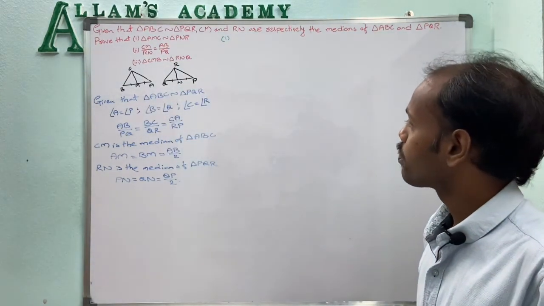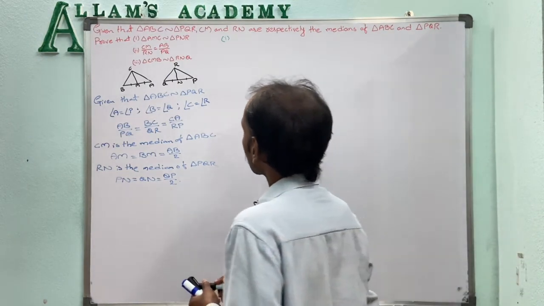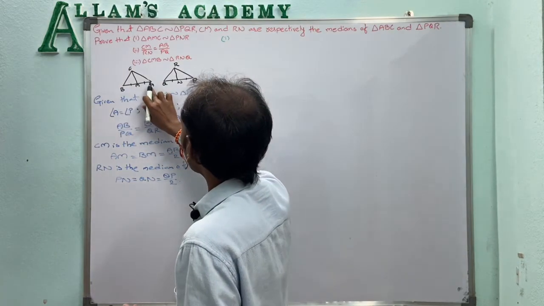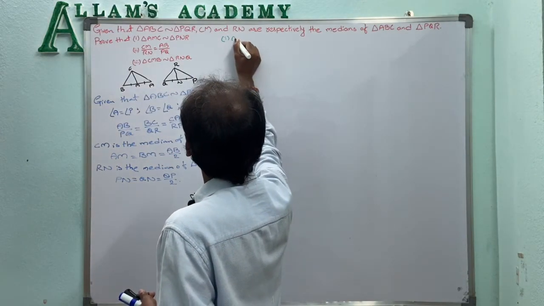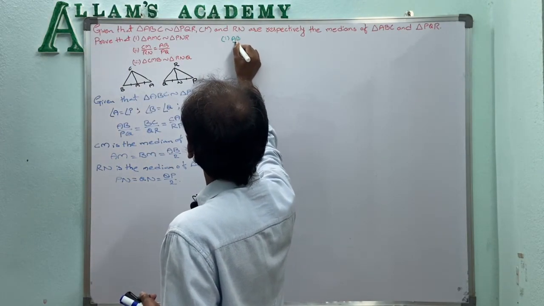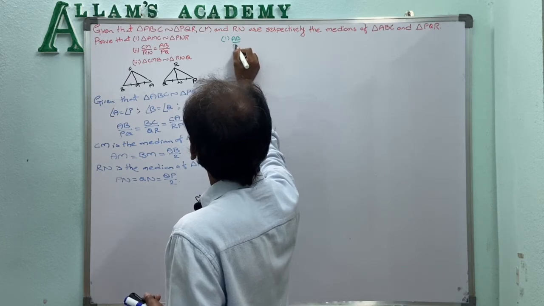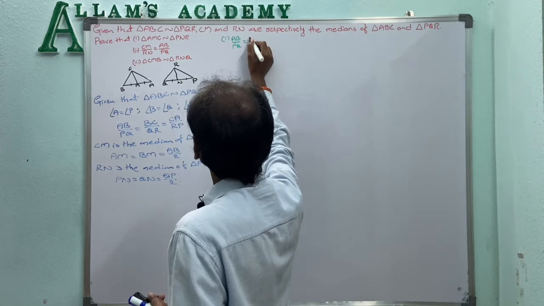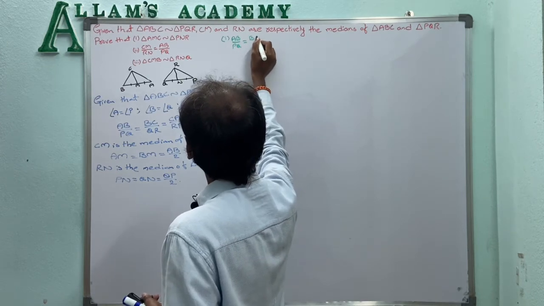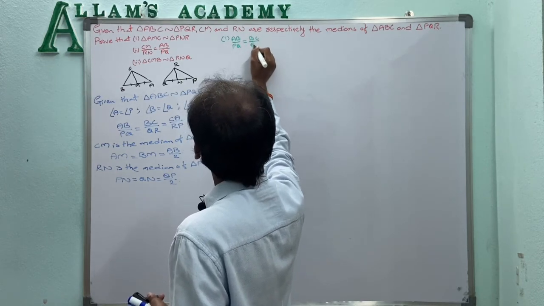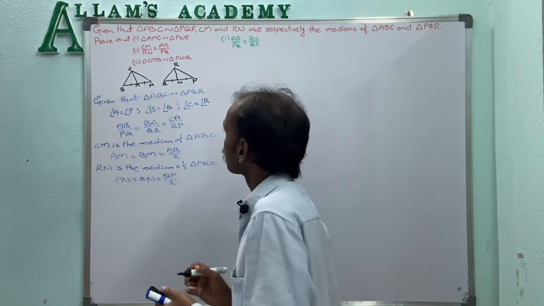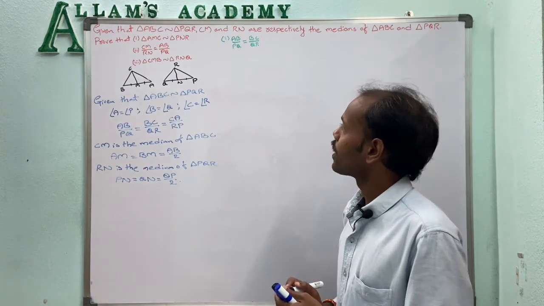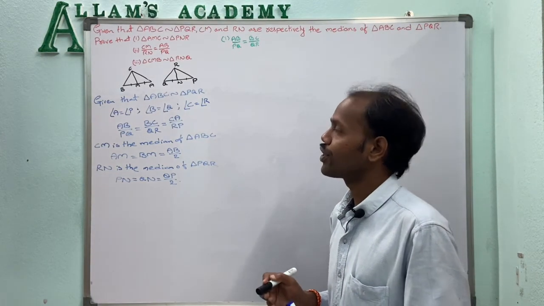For that, we take AB by PQ equal to BC by QR.